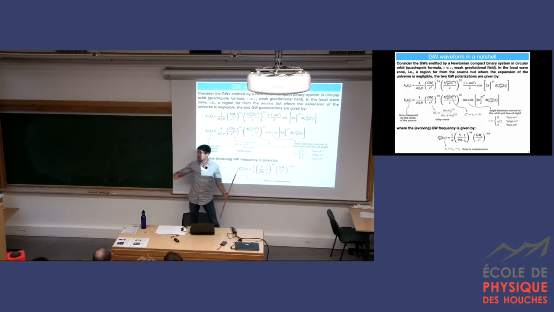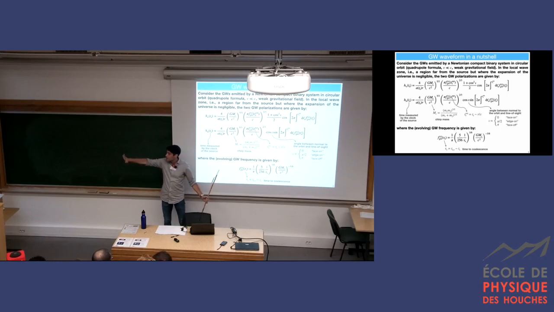This simply means that, for example, when the binary is face-on, it's like this. When it is edge-on, it's like this, and when it is face-off, it looks like this. The angle iota simply describes these three cases. Of course, you can have intermediate cases.